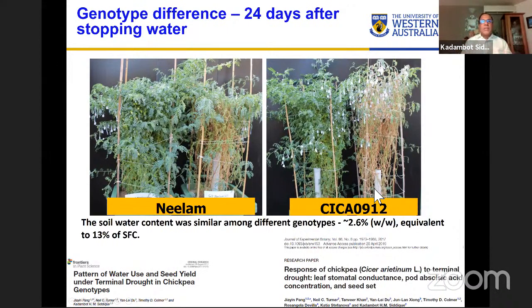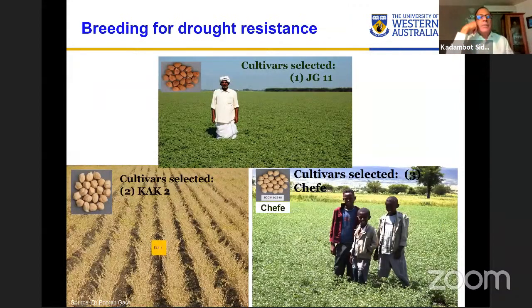So it is the pattern of water use through the modification of the root system that helped that plant to survive better under drought. The ICRISAT team, together with the people from Ethiopia and India, has used that information, which Kashiwagi et al. developed, and now developed a number of releases. I think last year India released a number of varieties with drought resistance.